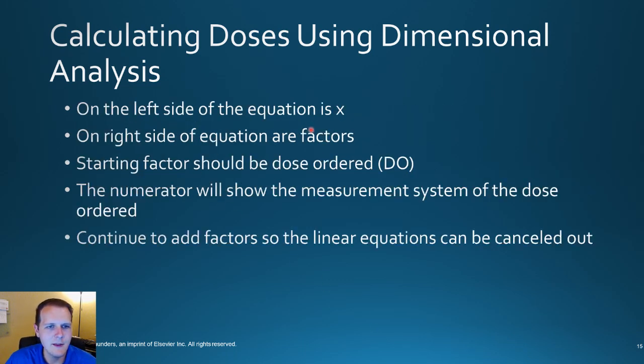Basically, on the left side of the equation is the variable X we're trying to solve for, and on the right side will be the equation of all the factors we're looking at. The starting factor is going to be the dose ordered, and you're going to find that the numerator will show the measurement system of the dose ordered, and then we continue to add factors until the linear equations cancel out until all we have left over is our dose to be given.